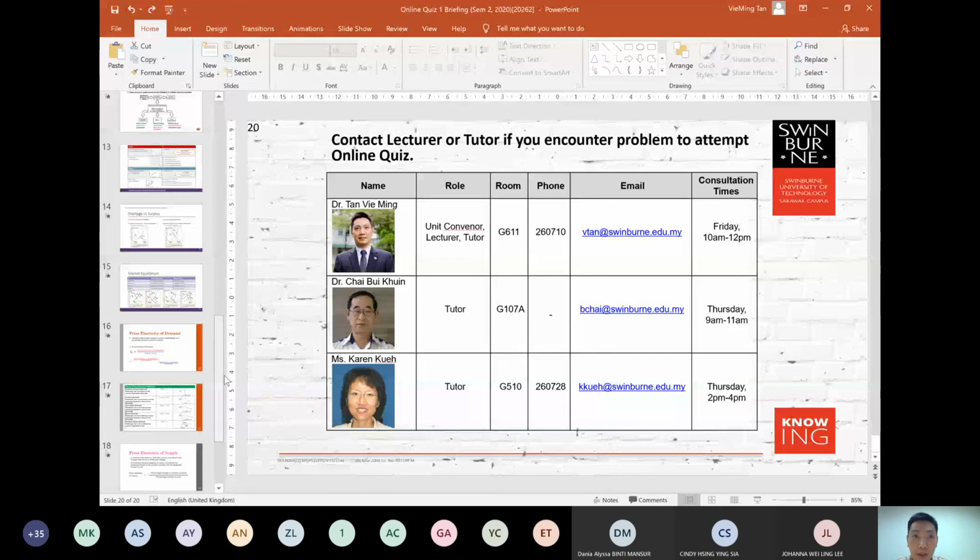I try to increase the size. I think it's quite small, right? The wording. Are you able to see the question? Cannot. Okay, I think I better use Zoom.